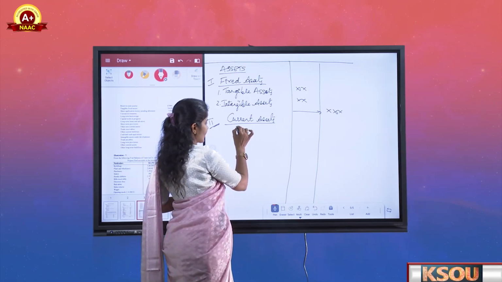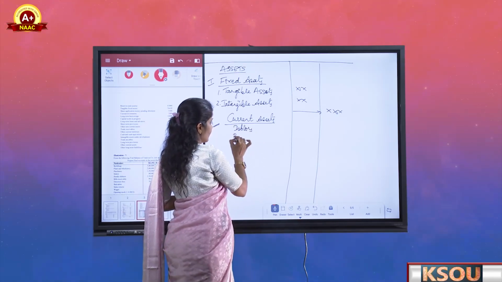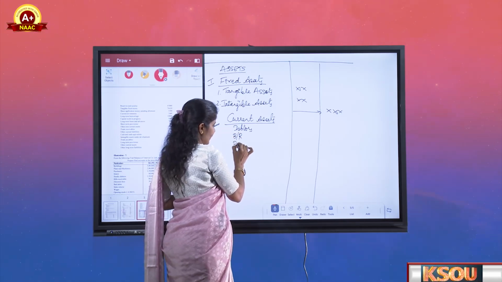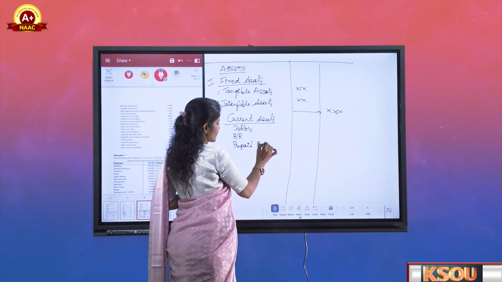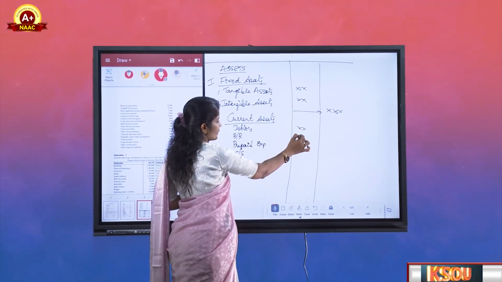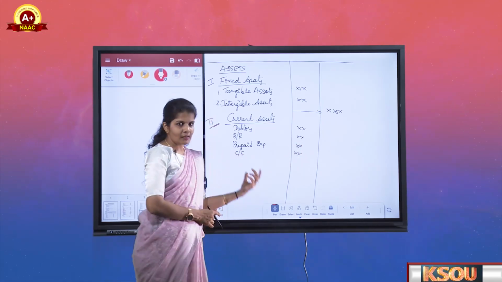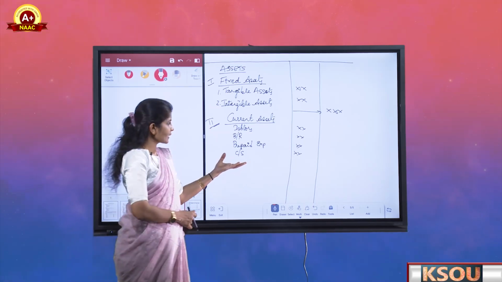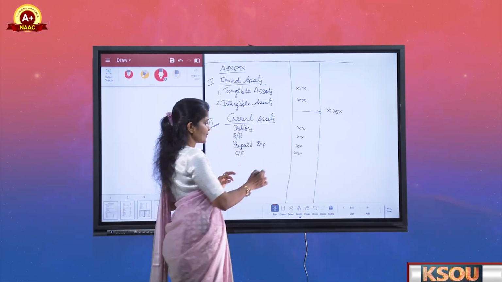This includes debtors, bills receivable, any prepaid expenses, closing stock. All these are the items we take under the heading current assets. Any outstanding income will also be considered a current asset. So all these are short-term assets.